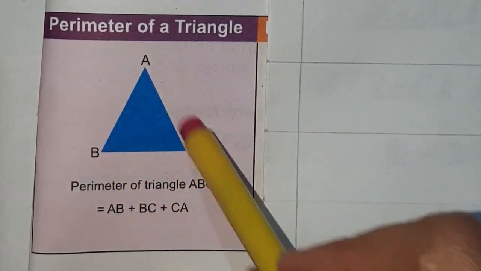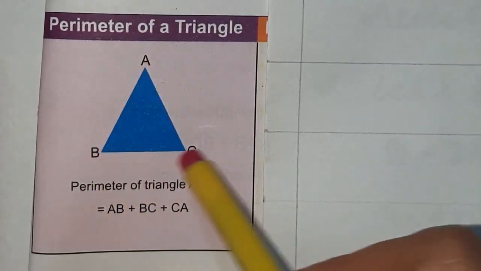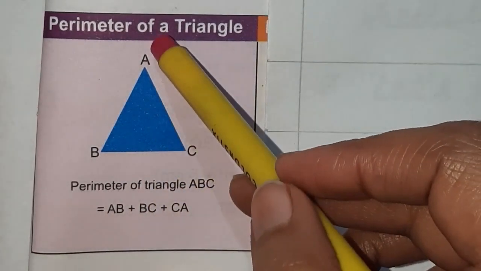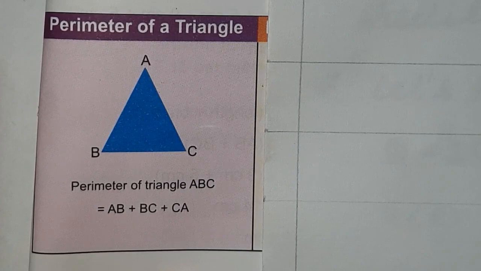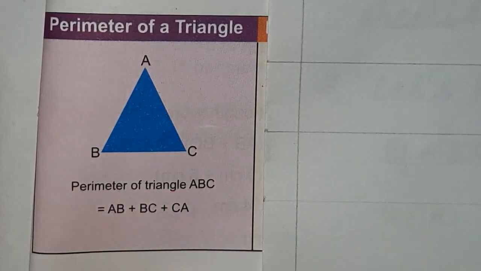Perimeter of a triangle. It is a triangle named as ABC. So perimeter of the triangle is sum of lengths of all the sides, means AB plus BC plus CA. Understood? When we will do addition of all the sides, then we will get the perimeter.